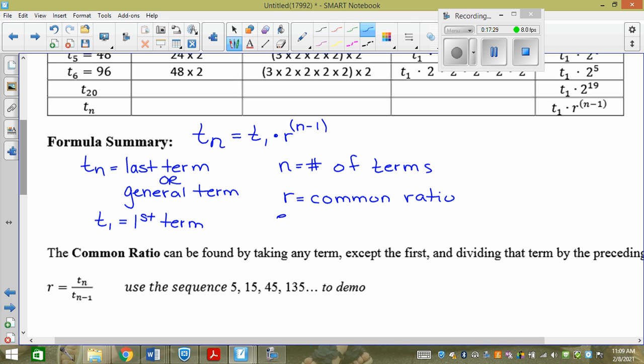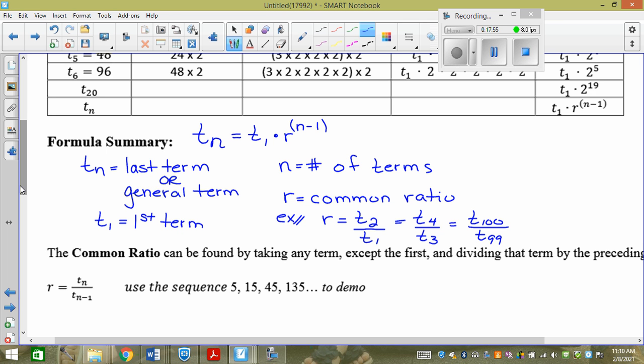An example of how to find it is you could do term 2 divided by term 1, or term 4 divided by term 3, or term 100 divided by term 99. I just have to take the latter term and the former term. So the term after minus the term before, right? And by minus, I mean divide.